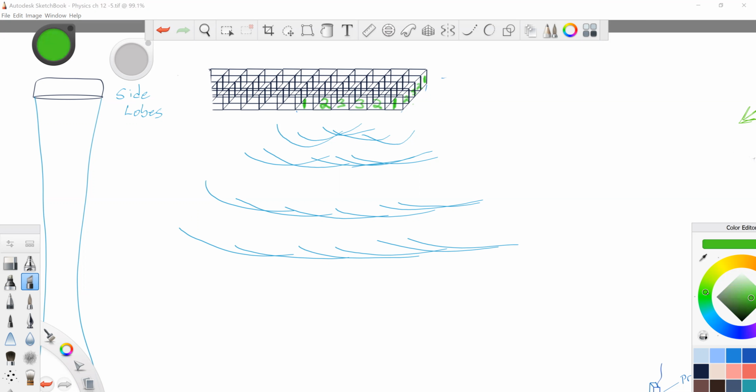Remember, we say that the beam is a narrow beam. It does not spread out.